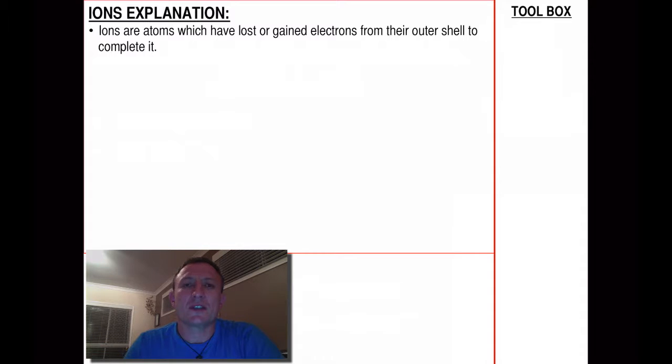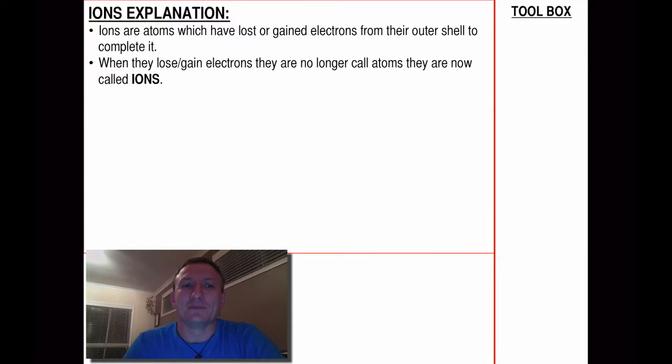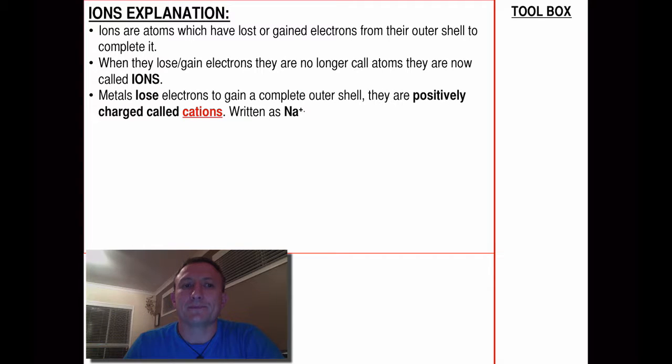But what I'd like you to understand is that basically atoms want to either get rid of electrons or gain electrons to complete their outer shell. Now, if they gain or lose an electron, they then no longer become an atom, they are now called an ion.